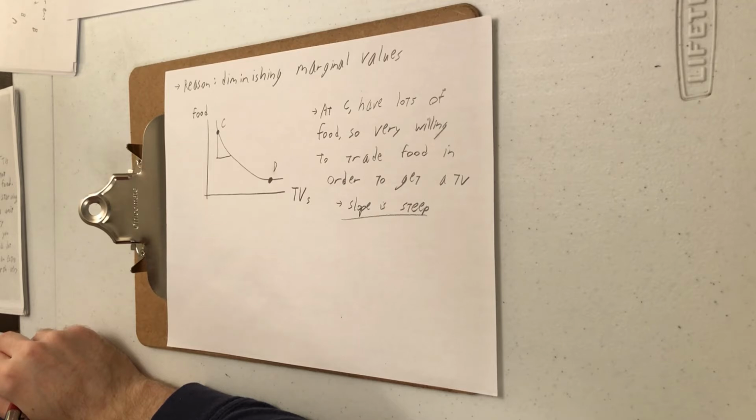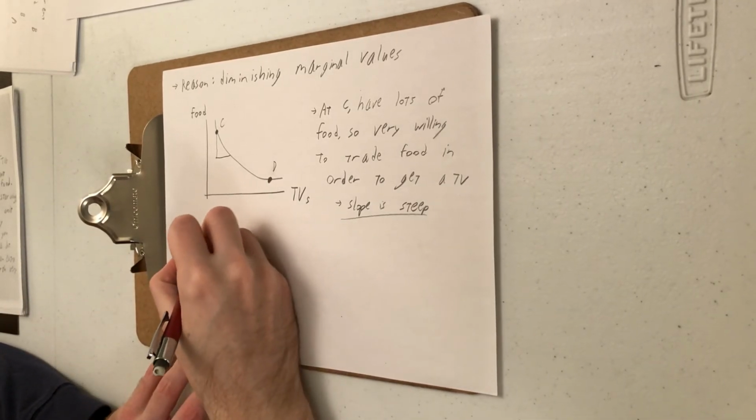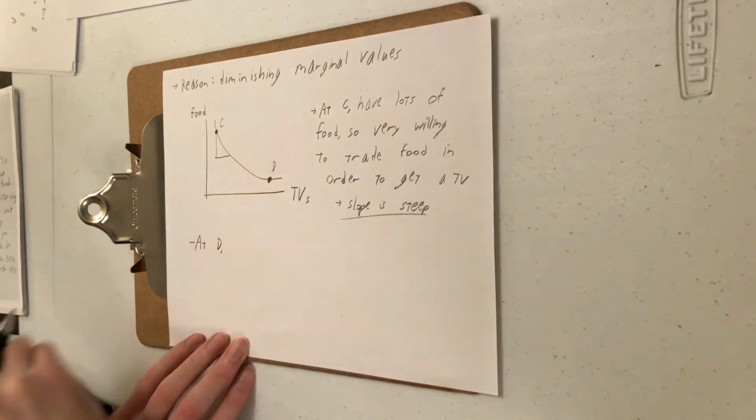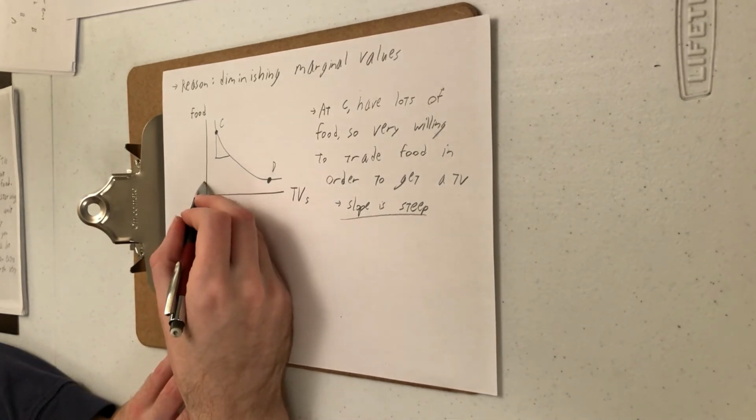At point D, though, it's a different story. So here you have a lot of TVs, and if you already have, say, 2 TVs in each room, then having yet another TV doesn't make a lot of sense, especially when you're starving.